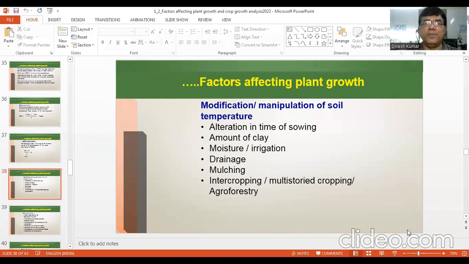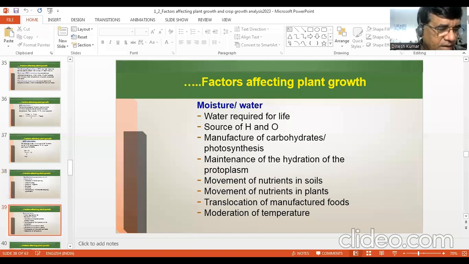So these are certain avenues or strategies by which we can modify the temperature. For details, you read the chapter I gave you related to growth. Now, the next factor is moisture or water.